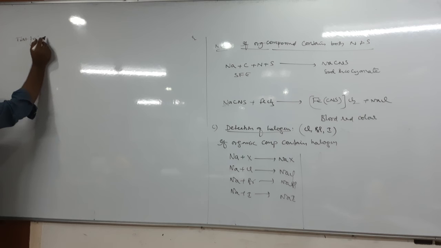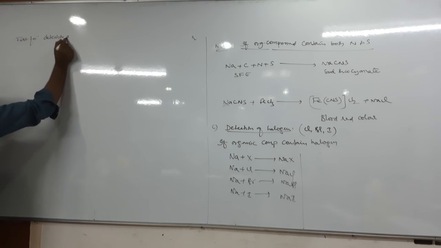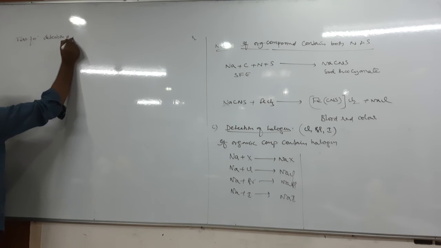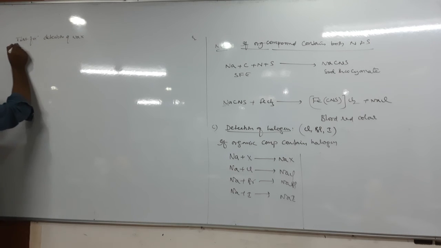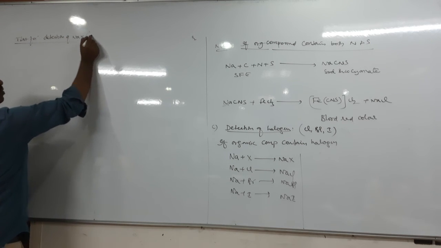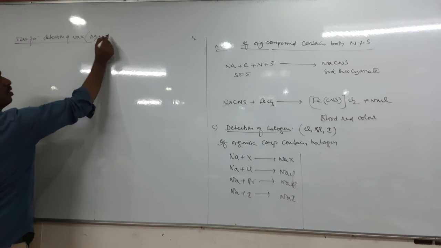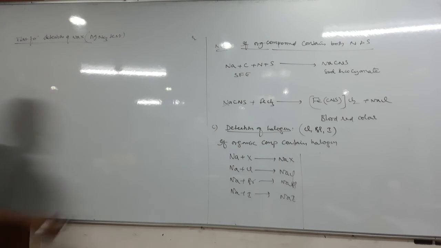So now the test for identification of sodium halides, NaX. What is the name of the test? Silver nitrate test. Of course, it is a costly test because silver is there. Silver is costly. Okay, but you will get a very accurate result.